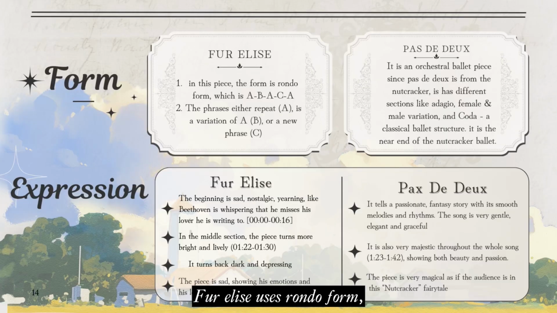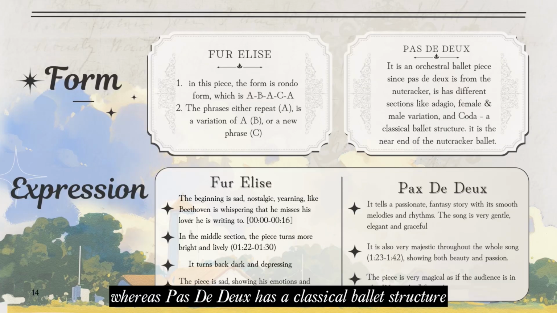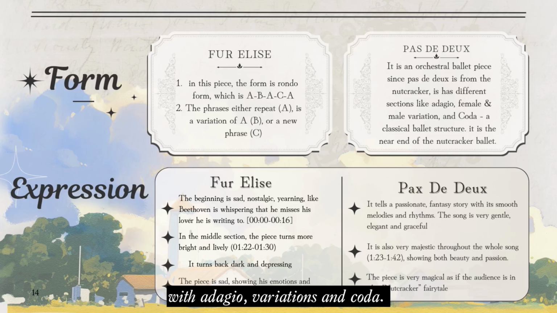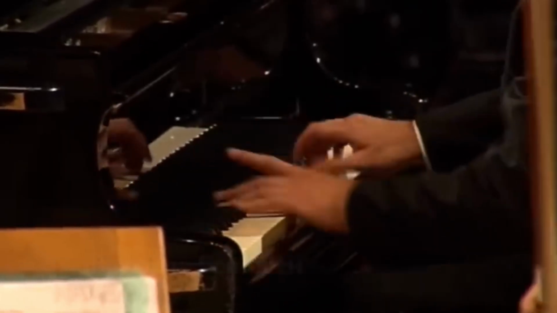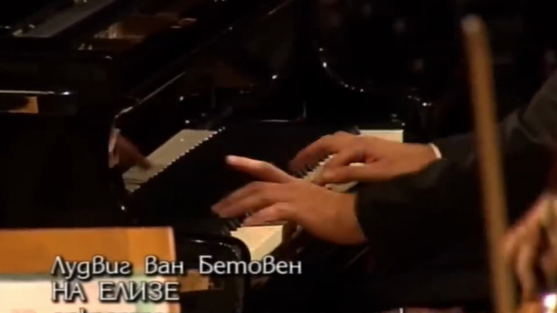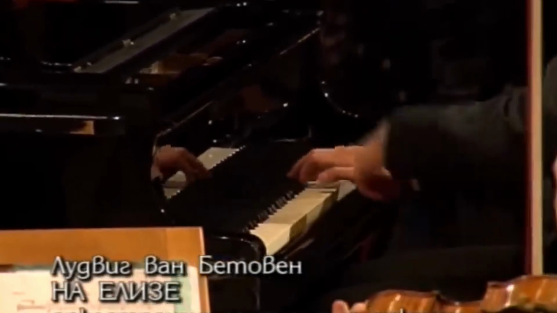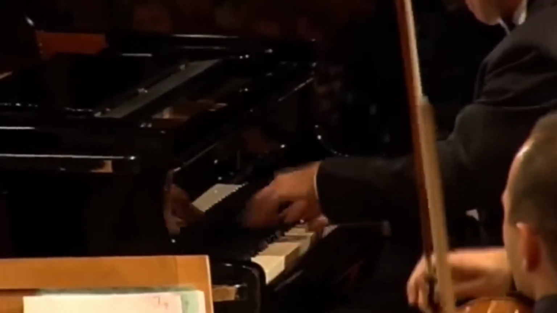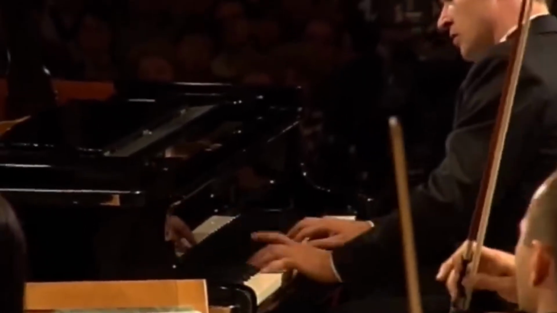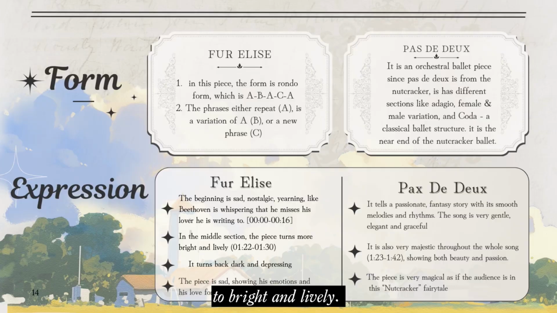Für Elise uses rondo form, A-B-A-C-A phrases, whereas Pas de Deux has a classical ballet structure with adagio, variation, and coda. The expression of Für Elise moves from a sad and nostalgic mood to bright and lively.